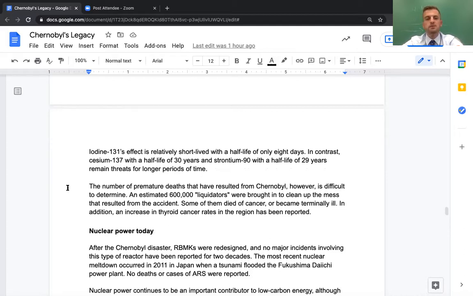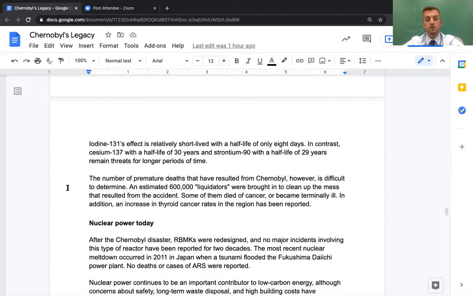An estimated 600,000 "liquidators" were brought in to clean up the mess that resulted from the accident. Some of them died of cancer or became terminally ill. In addition, an increase in thyroid cancer rates in the region has been reported.